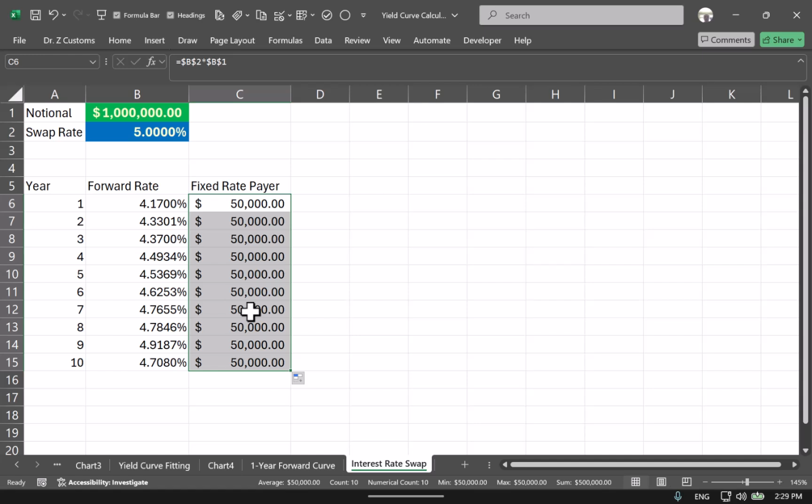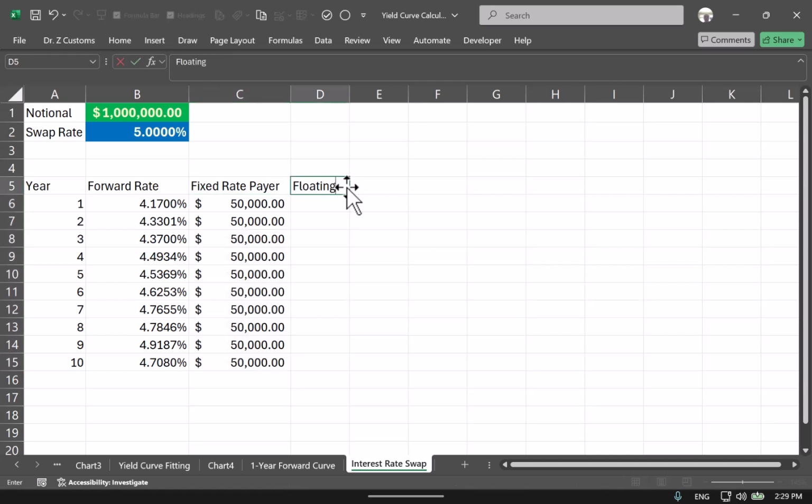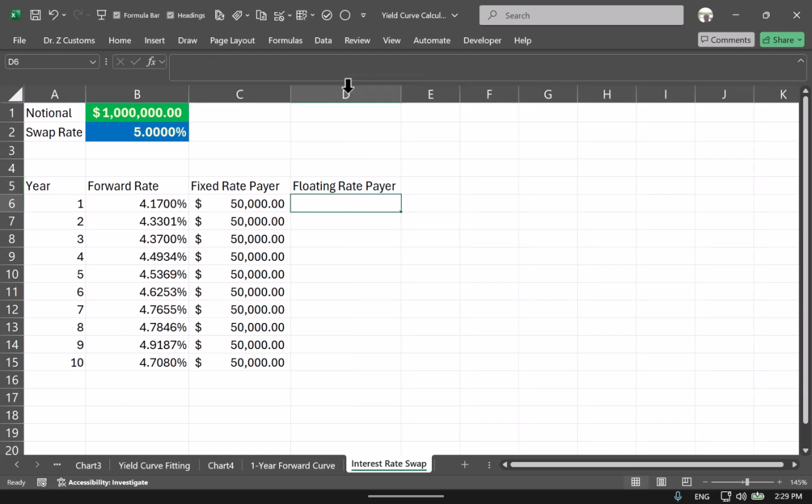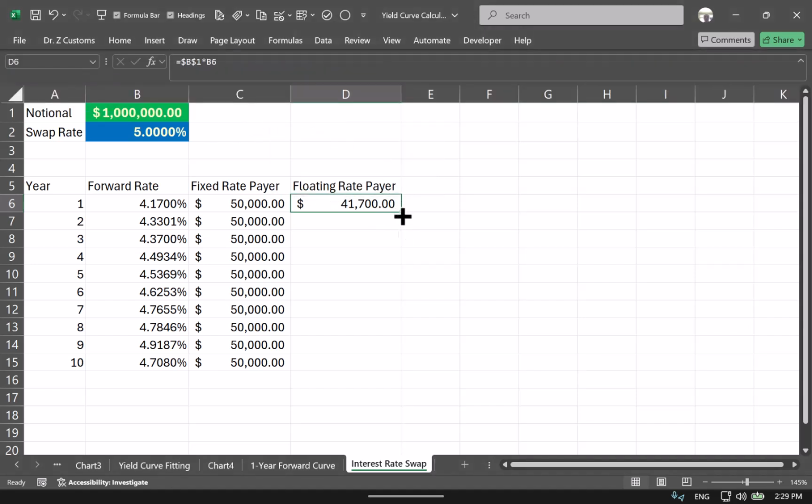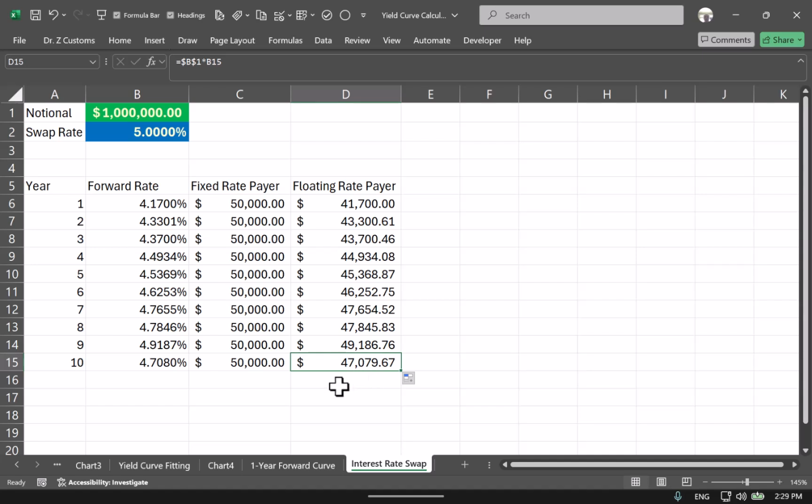The floating rate payer is going to pay the notional times the forward rate. Okay. And the net fixed. In fact, the way you do these things, you just pay the gap.